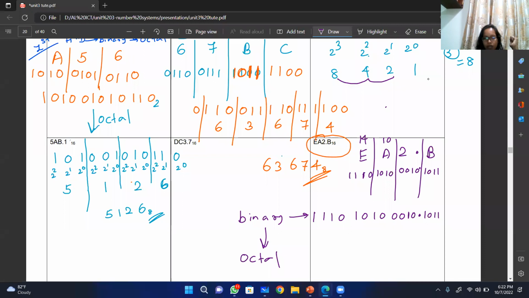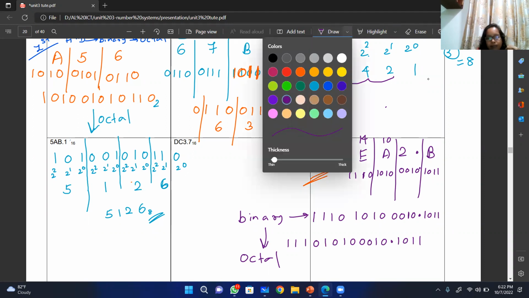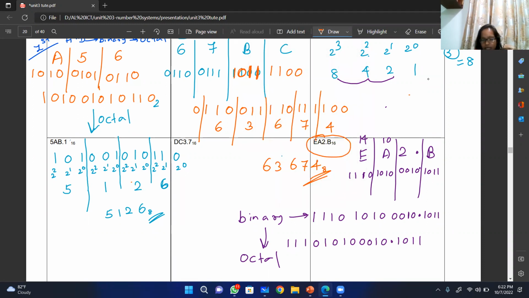So I will take the numbers to this side, otherwise I want enough space. 1 1. This is the real number. Then you have to cluster into threes. When we are clustering, you can cluster from here and add 2 zeros for the last part.